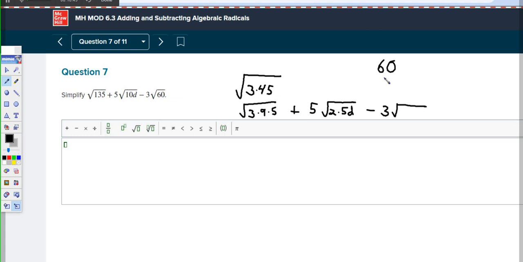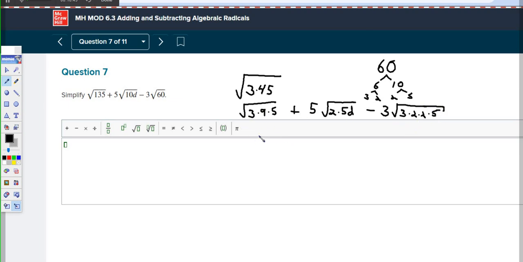Let's just look for pairs. Let's take 6 times 10, and that would be 3 times 2 and 2 times 5. So I've got 3 times 2 times 2 times 5.